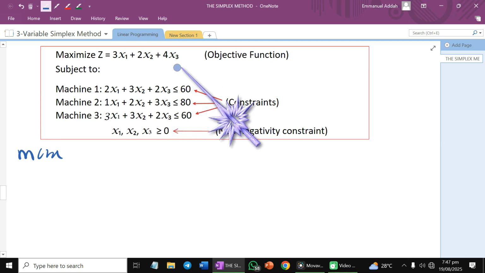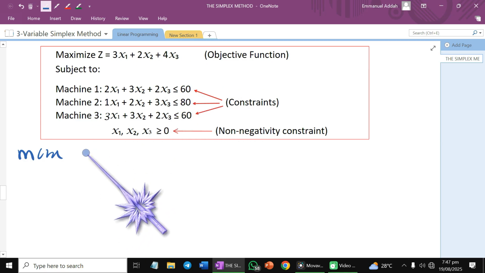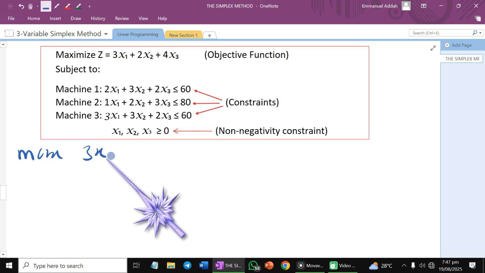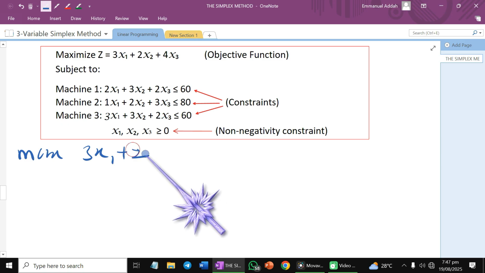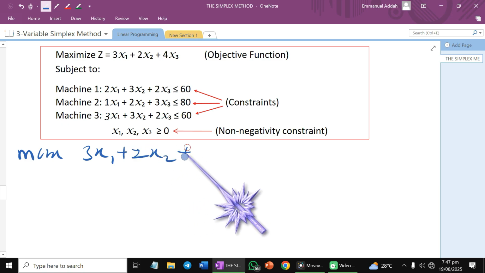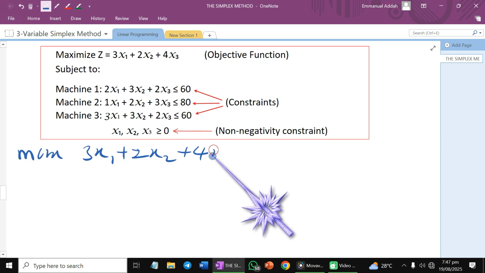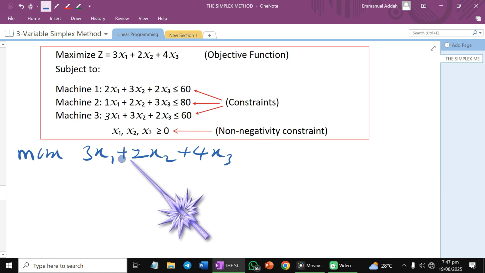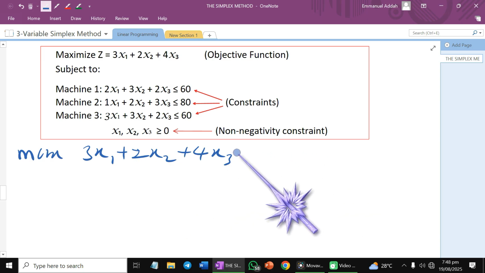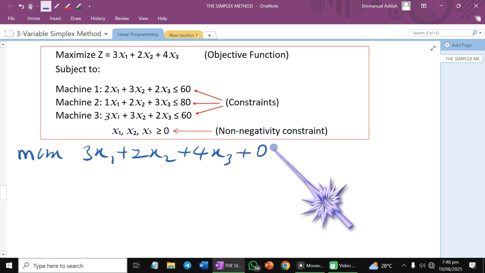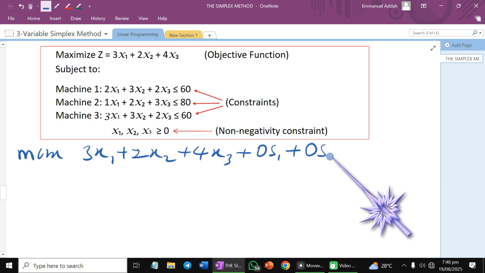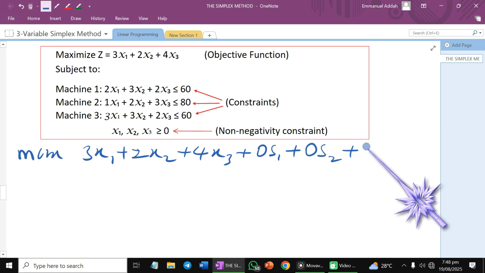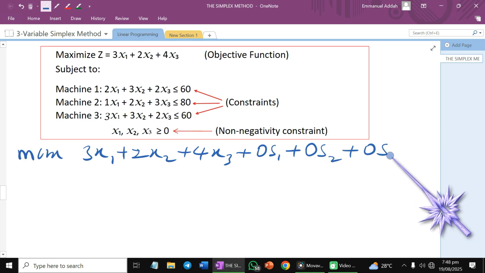We have it as 3x1 plus 2x2 plus 4x3. Then all the slack variables will be here with 0 coefficients. So you say plus 0 s1 plus 0 s2 plus 0 s3.